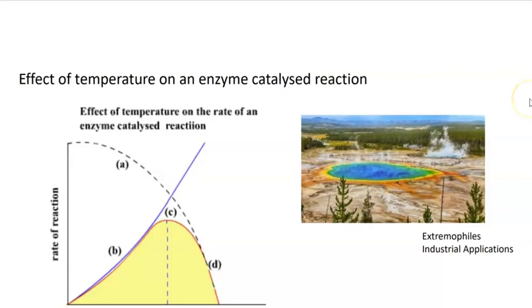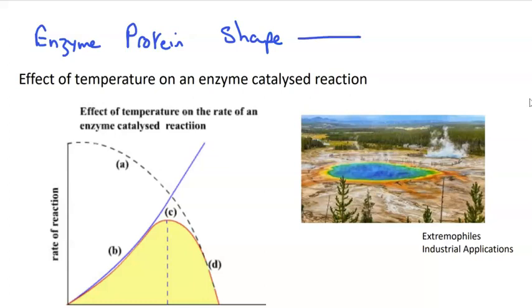As we move into this work, it's important to remember that enzymes are proteins with a complex globular shape, and that particular shape determines the function. In the case of an enzyme molecule, the shape issue really is to do with the active site.